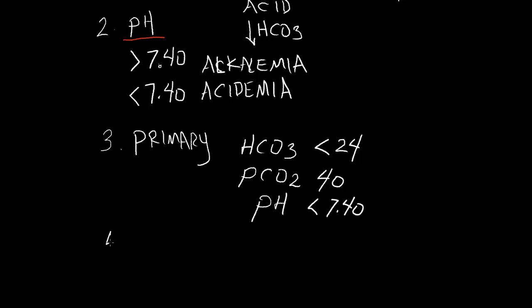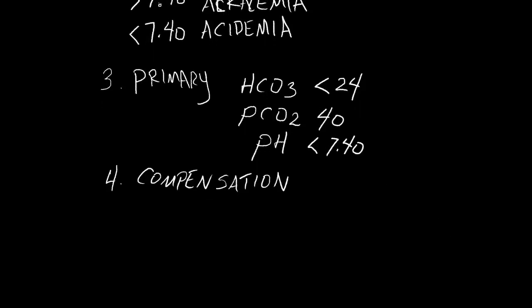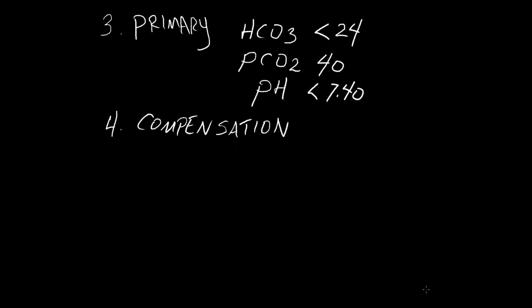The next step is to look at what our compensation is for the primary problem. So if, for instance, the primary problem is a metabolic acidosis, which we have in this particular scenario, then our compensation will be for the expected PCO2.